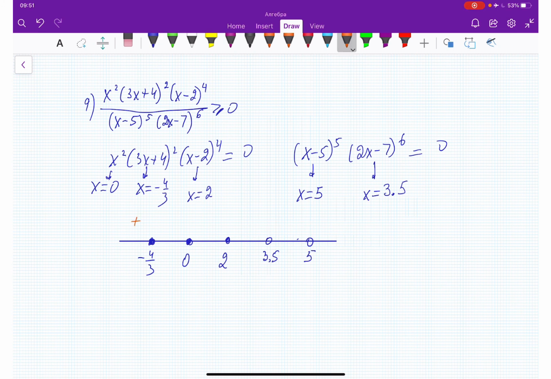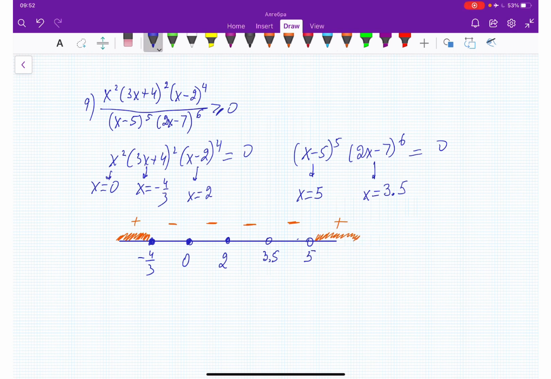Between negative 4/3 and 0, it's going to be negative. Here is going to be negative. Here is going to be negative. Between these two also negative, and here is positive. And we are looking for positive cases, which is going to be less than negative 4/3 and greater than 5.